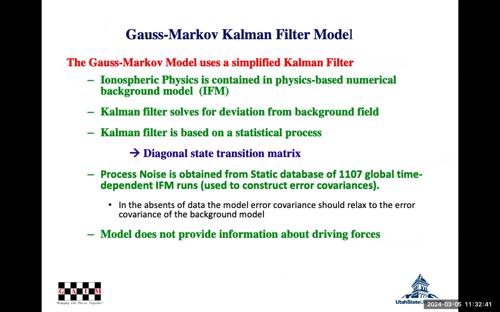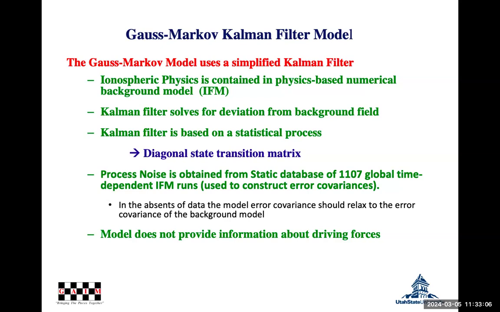So what's the simplification? Well, the simplification is that the physics that I talked about before is not embedded in the data assimilation itself. Instead, ionospheric physics is contained in a background field that gets subtracted from the observations.